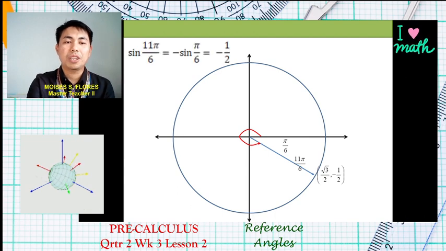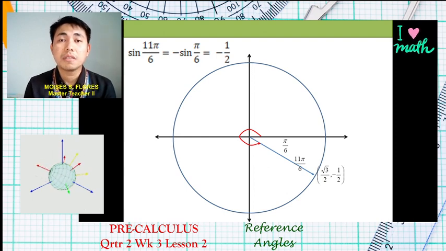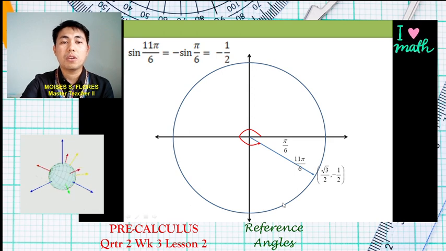So if we determine the reference angle and then the exact value, sine 11 pi over 6 is simply negative sine pi over 6, because in quadrant 4, sine is negative. The value is, sine is with respect to the y coordinate, so it is negative 1/2 as shown in our coordinates.